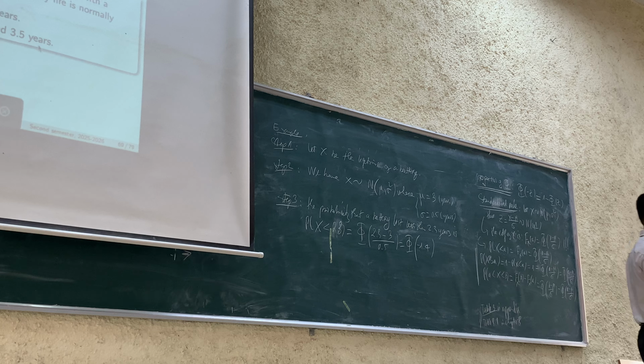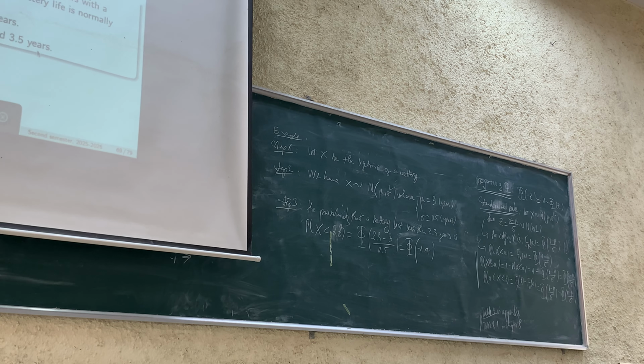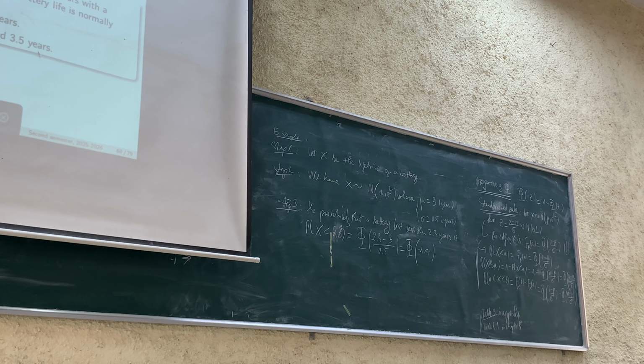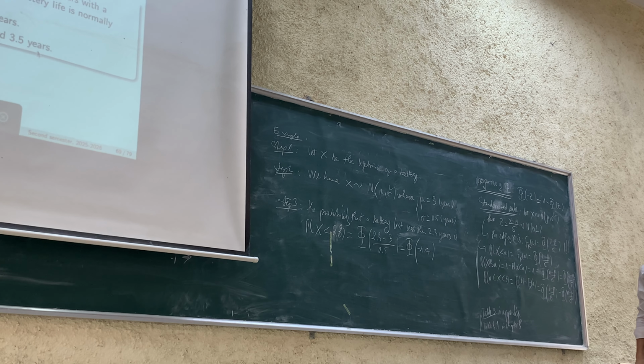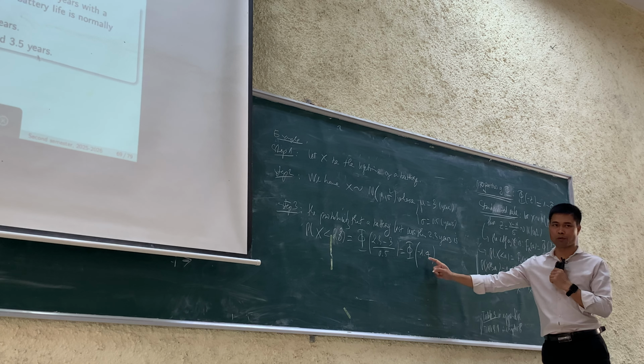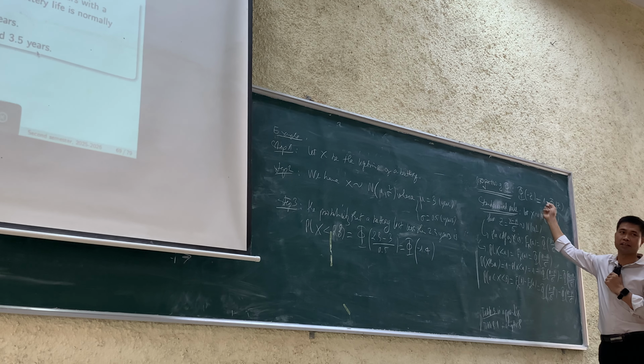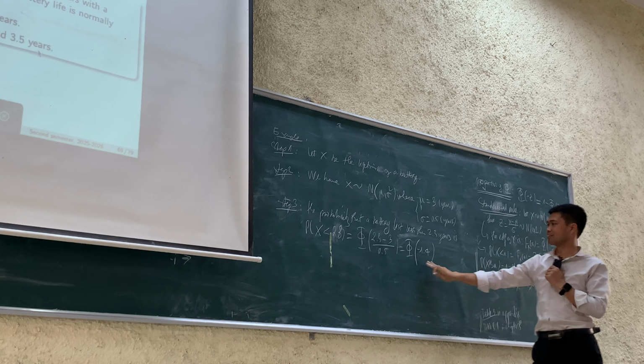Minus 0.7 divided by 0.5 is minus 1.4, using the calculator. How to find Phi of minus 1.4? It is 1 minus Phi of 1.4.